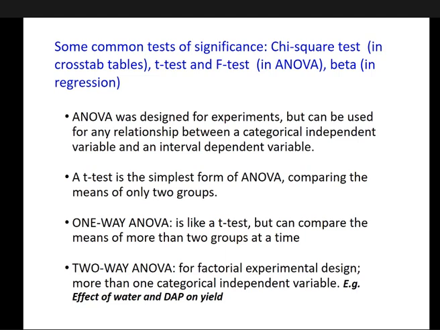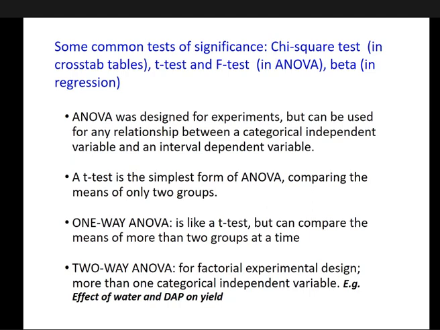And for factorial experimental designs, the one-way ANOVA will not work for you, but in that case you need two-way ANOVA, whereby you have more than one categorical independent variable, and therefore you have a number of experimental groups at the same time.